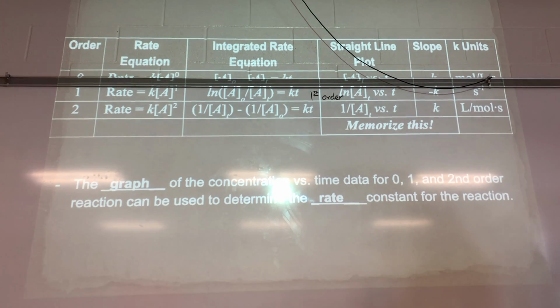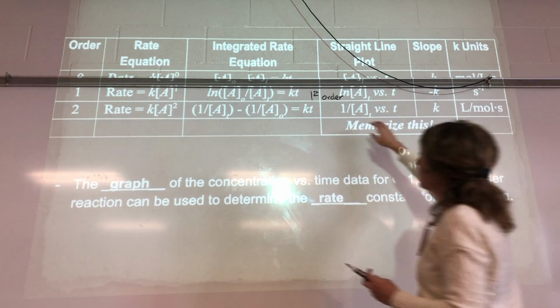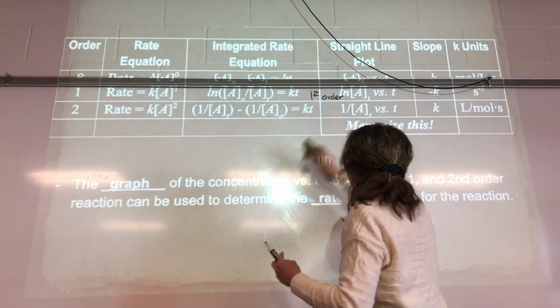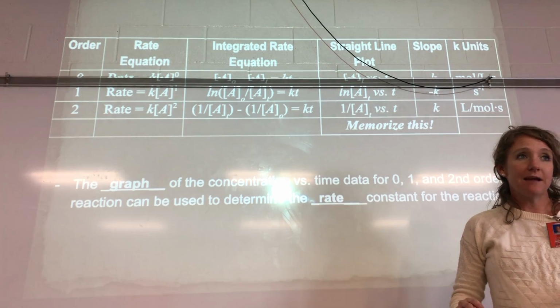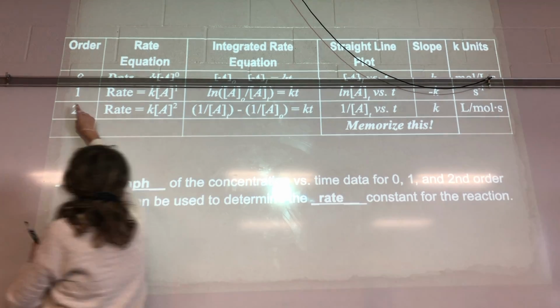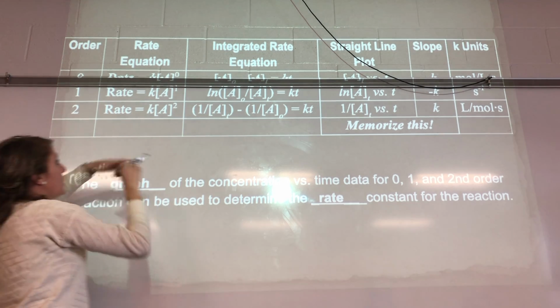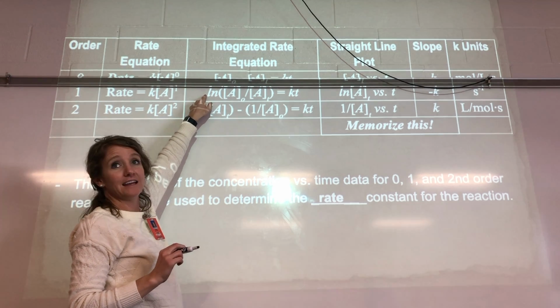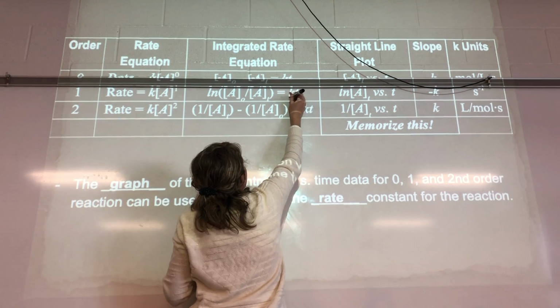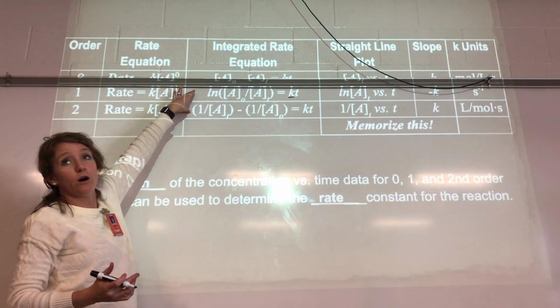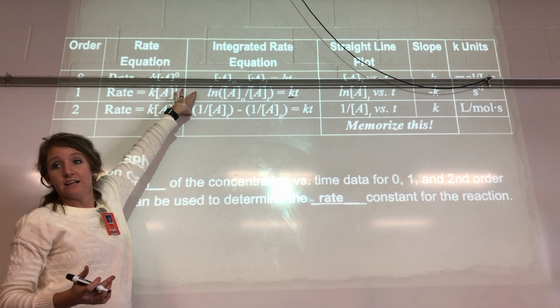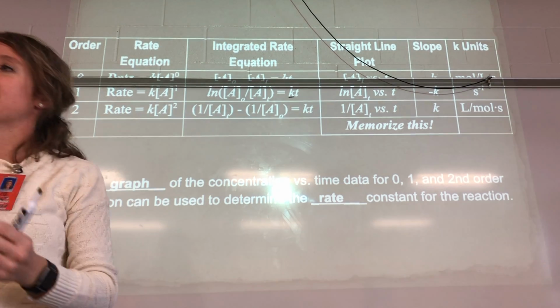Once you know what order it is, we know the function or the equation of that reaction. Okay? So, since we just found out that last one was first order, we could use this equation to solve to find K. Now, these equations are on your formula sheet, under the kinetics section.